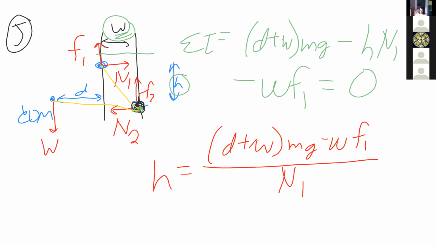And then the last thing we need to do is substitute in for the force of friction 1 here, mu1 times normal force 1. I believe we're given w, and we've got mg, and we have d as well. Those are all constants, so you have everything that you need there to plug in.